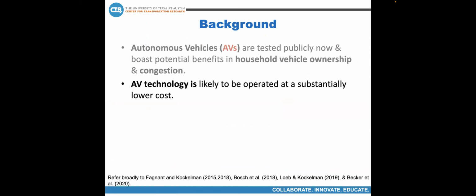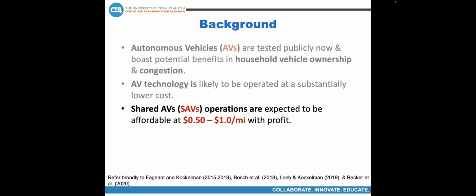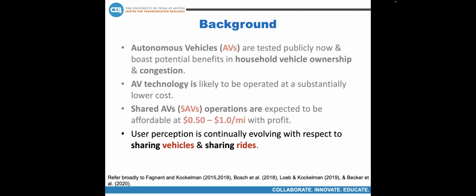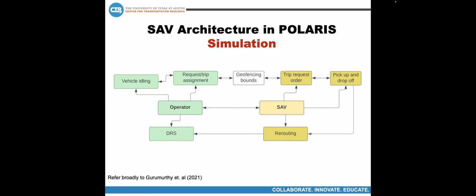And the AV technology is likely to be operated at a substantially lower cost, and SAV operations are expected to be affordable at between $0.50 to $1 per mile with profit, and also user perception is continually evolving with respect to sharing vehicles and sharing rides. Because of that, we are extending SAV operations to the Dallas-Fort Worth area.